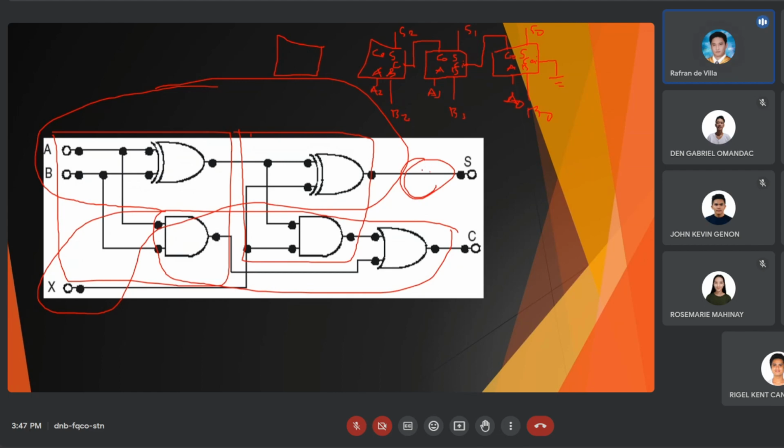So kung ang output ani niya is nag-1 and you are expecting a 0, you check the input. Kung ang input niya is nag-1 dire, niya dire nag-0, niyang output niya is 1, problemado ang XOR? Yes or no?